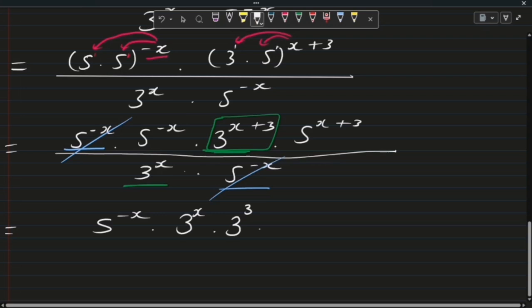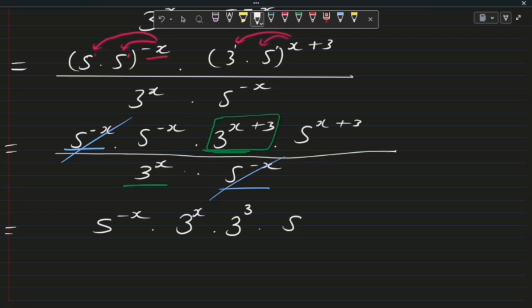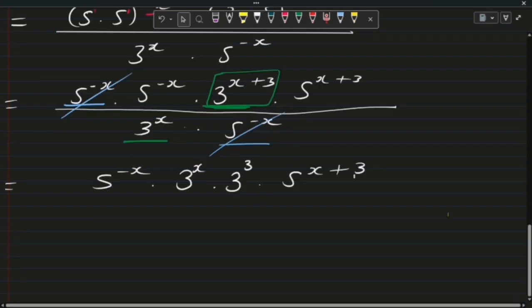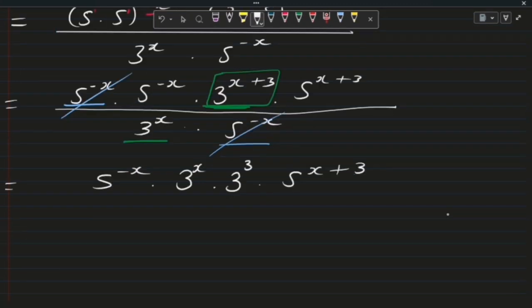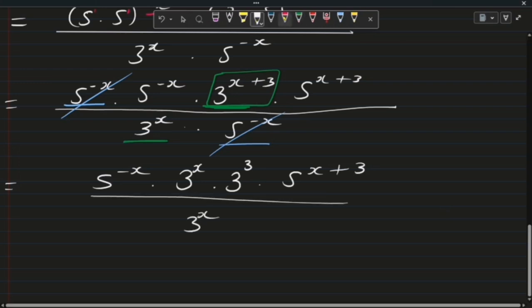And then we can say that 5 to the power of x plus 3. Okay. And then we can divide by 3 to the power of x. And now we see something very good.